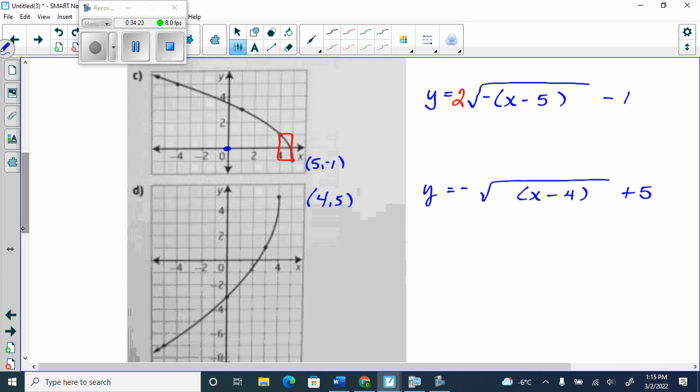And then this one. Vertical by 4. I'm going to do 4. Okay?